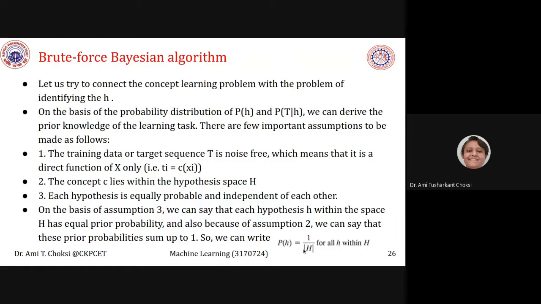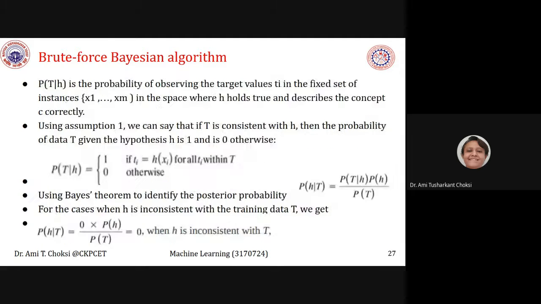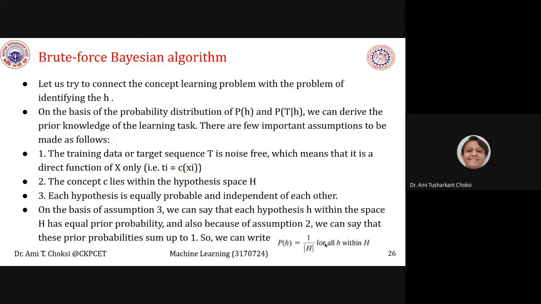As I told you, for our example, only 2 hypotheses are there, so we have considered the probability as 1 by 2. Here, if we have, say, |H| hypotheses, then we will say 1 by mod H for all H within the hypothesis space. Fine. This mod H means the count of the hypotheses inside the hypothesis space. Okay.